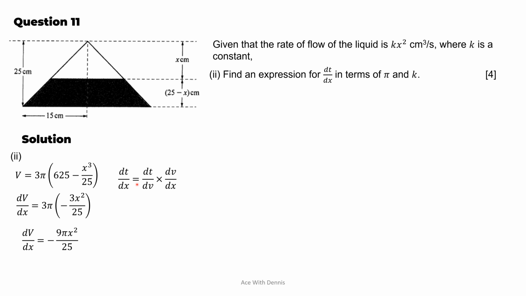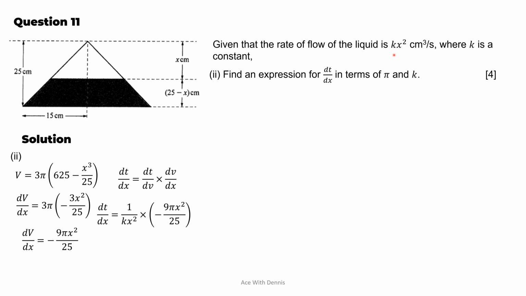Now, applying the chain rule, dt over dx equals dt over dV times dV over dx. We have dV here and dV here. Now dt over dV is the rate that is given, kx squared. But now the dt is at the top.